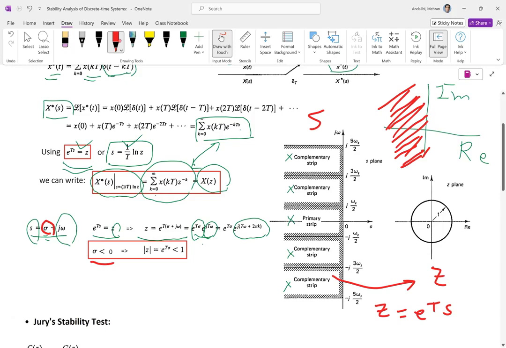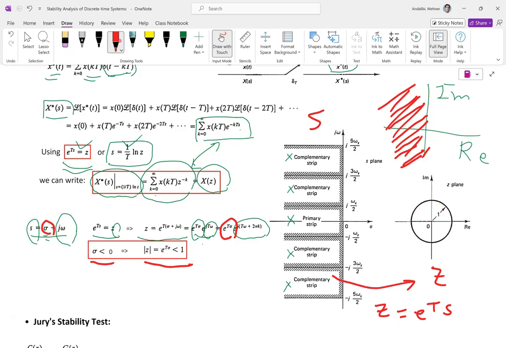If that's the case, then the magnitude of z, which is e to the T sigma, is e to a negative number, and the exponential of any negative number is less than 1. A magnitude of z less than 1 is clearly anything inside the unit circle. So the left half plane corresponds to inside the unit circle.